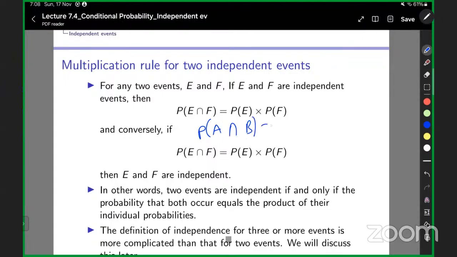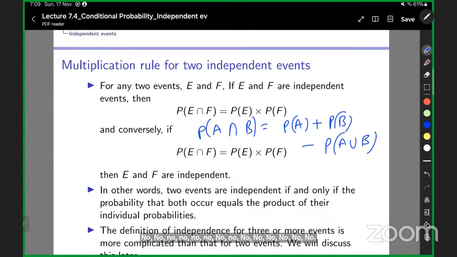Is it P of A into P of B, then minus P of A union B? No, not that one, sir. P of B then into P of A minus B.